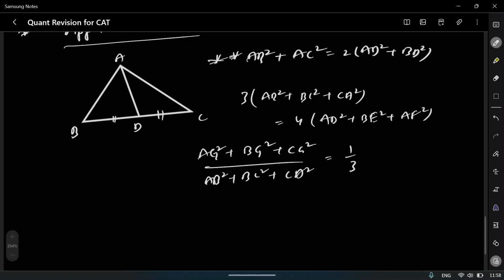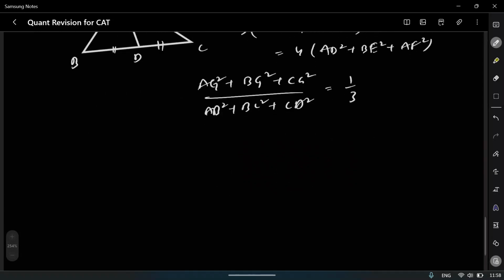And then another property is the line joining the midpoints of a triangle. This is a triangle and the line joining midpoints of the triangle.